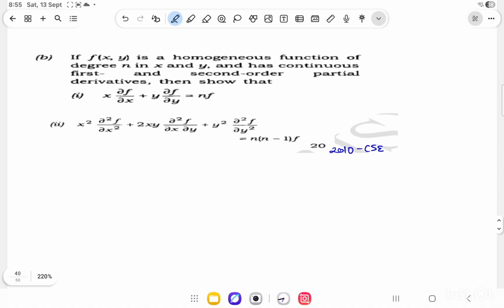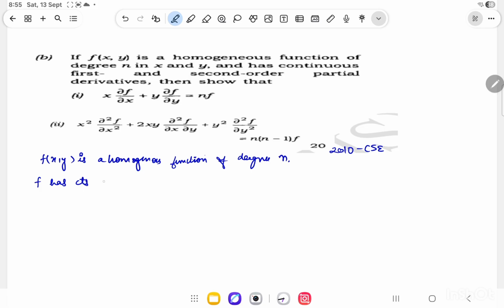So the next question says that if f(x, y) is a homogeneous function of degree n, and it has continuous first and second order partial derivatives, then we are supposed to show these two things.